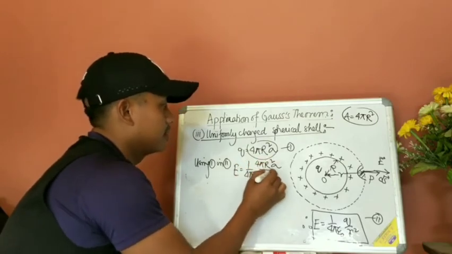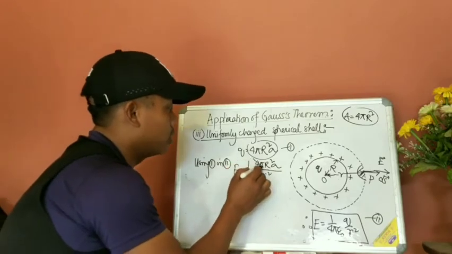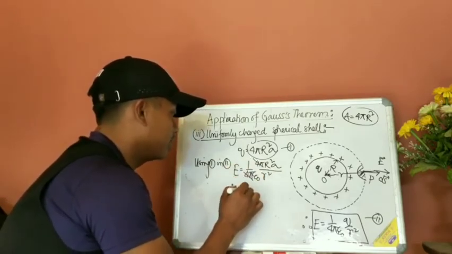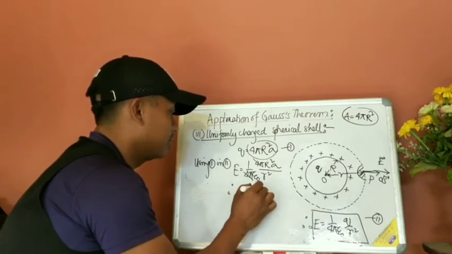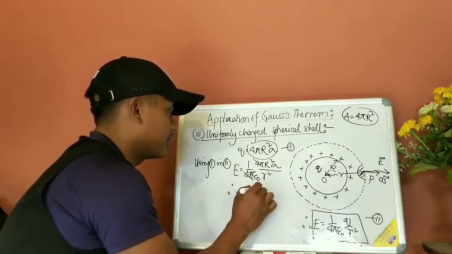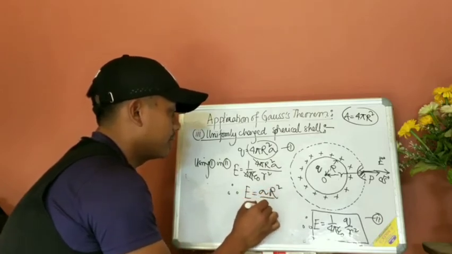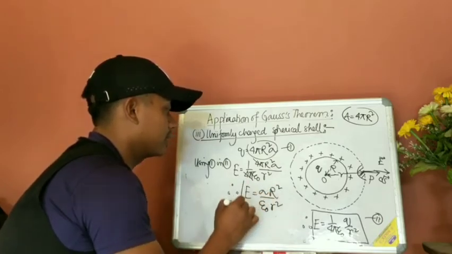So your final expression for electric field outside the cell is sigma R square divided by epsilon naught small r square.